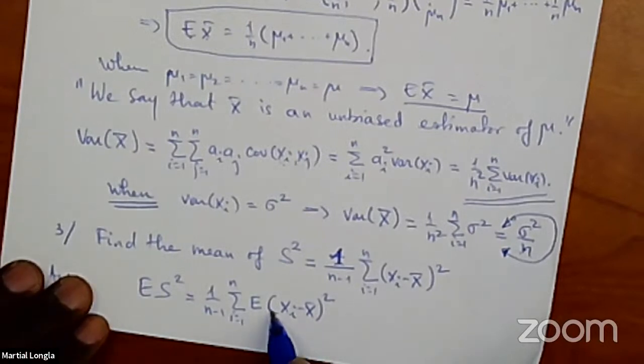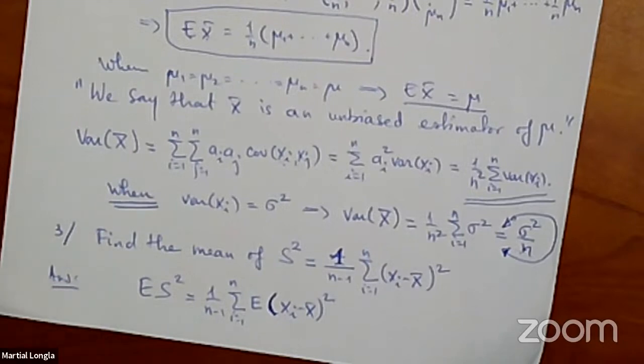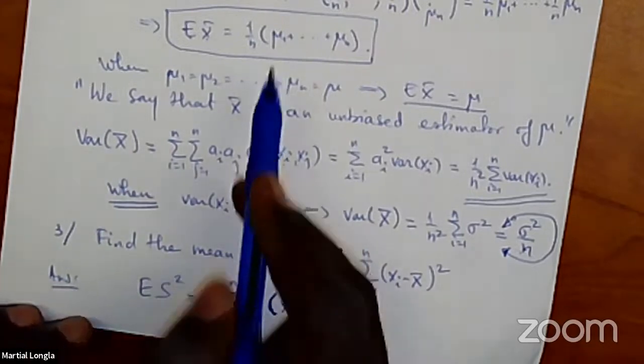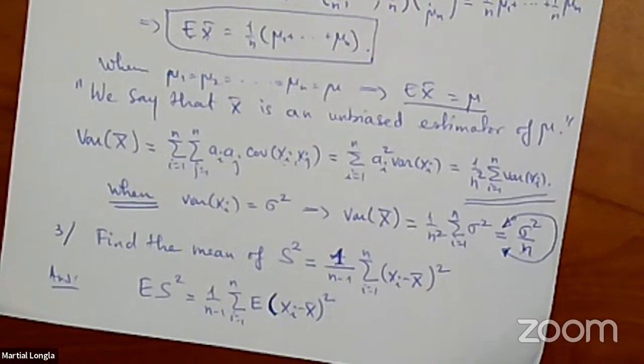Variance of. I want you to apply the formula. There are many ways to do that, but I want you to apply the formula that we had out here. How would you?